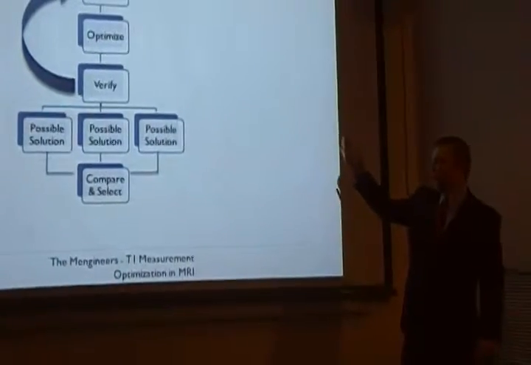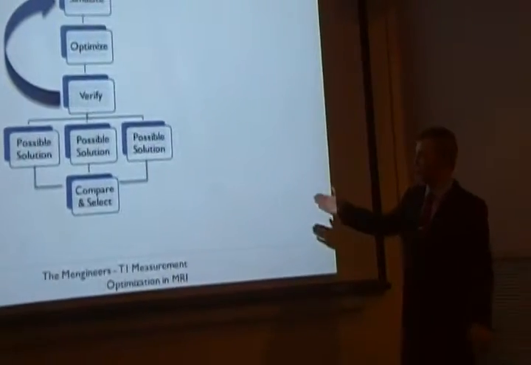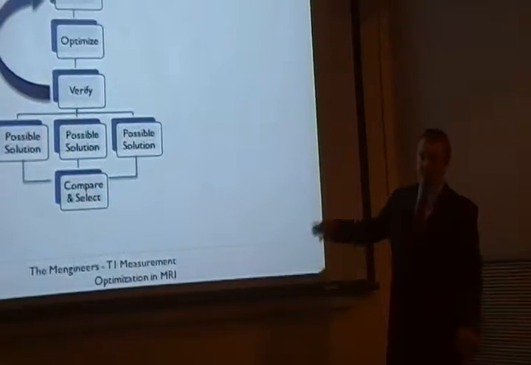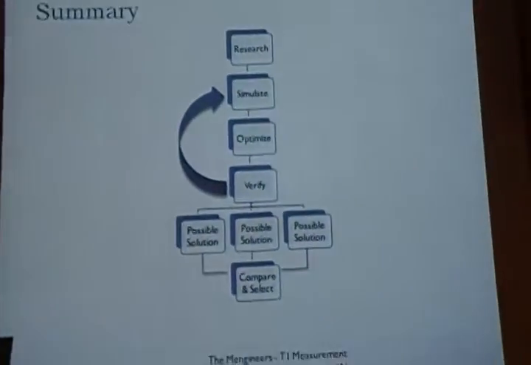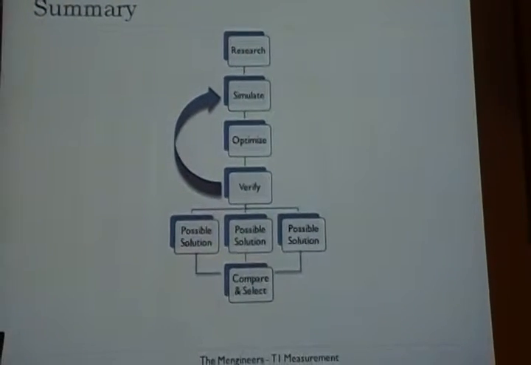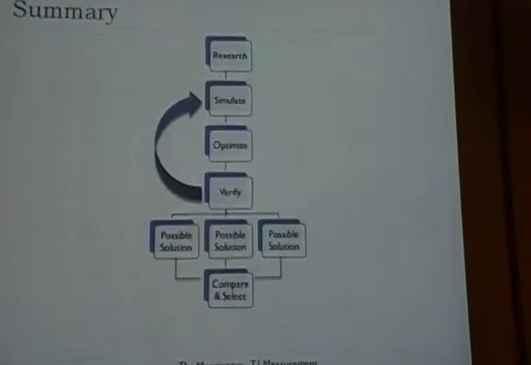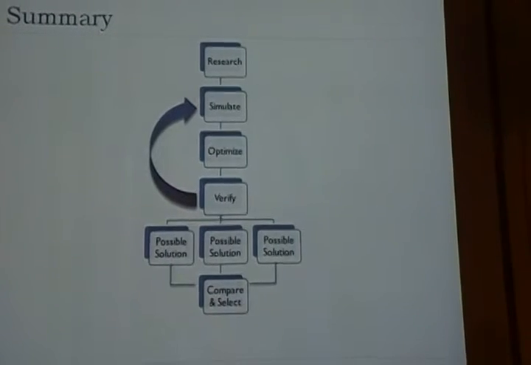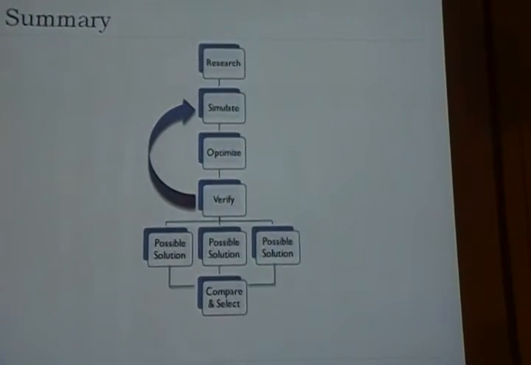And then we checked if it was a viable option. If it was, we chose it as a possible solution. If not, we ran back to the simulation. We did that many times. And once we had plenty of possible solutions, we compared them all, selected them, and went to the MRI, got our results. Any other questions?